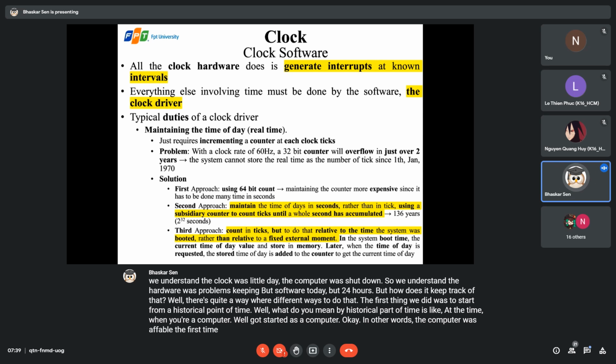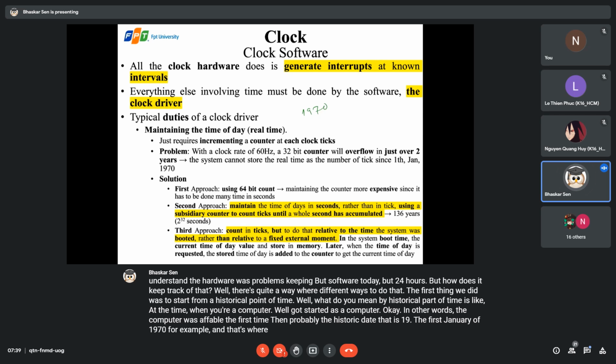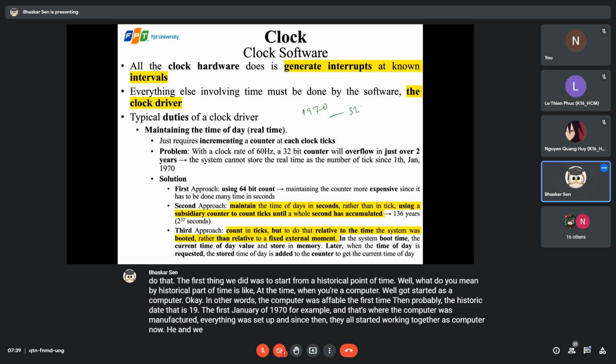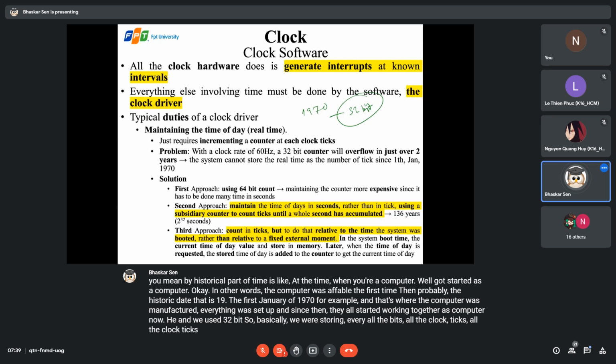Probably at a historic date, like the 1st January of 1970, for example. That's when the computer was manufactured, everything was set up, and since then, they all started working together as a computer. Now, we use 32-bit. So basically, we were storing all the clock ticks into a 32-bit counter, starting from a historic date.